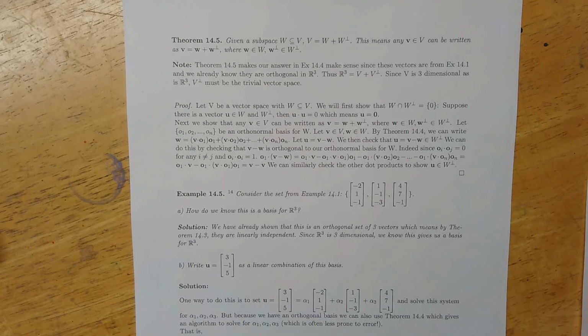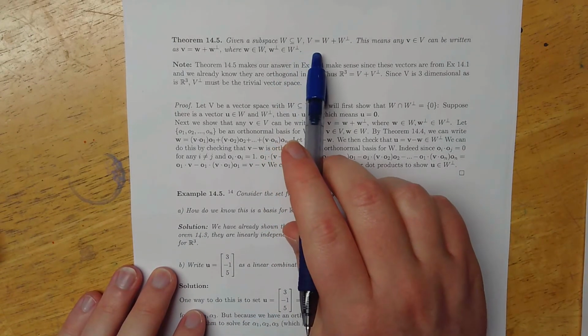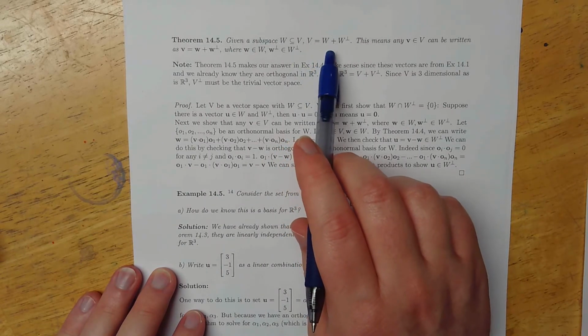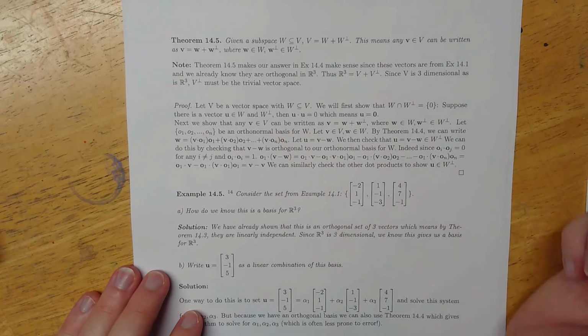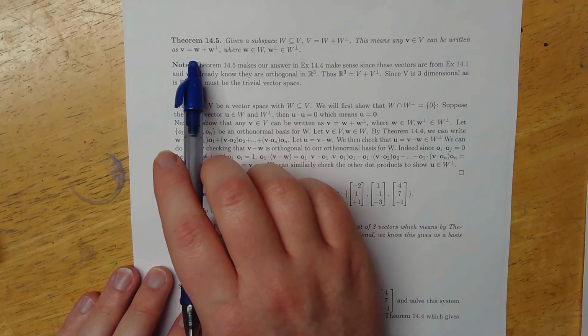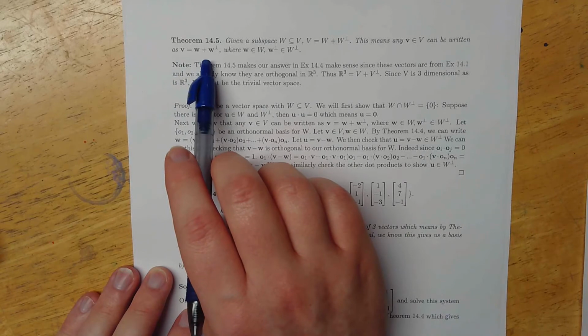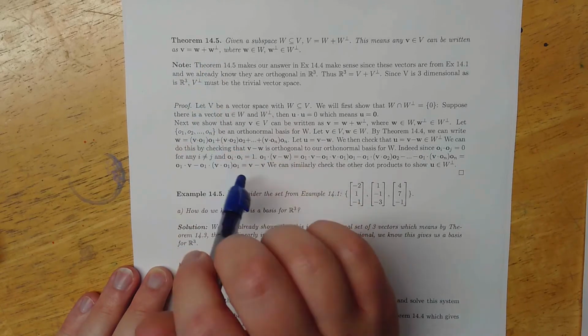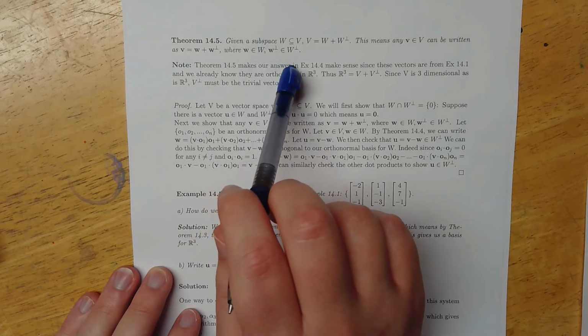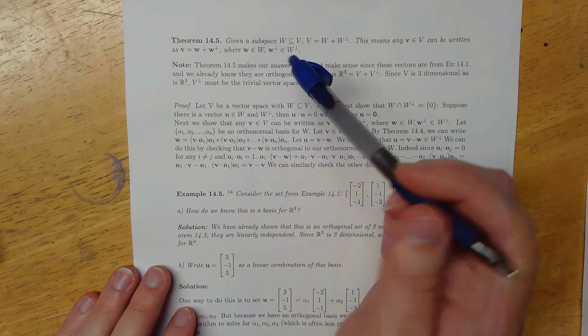All right. So given a subspace W of V, V is equal to W plus W perp. In other words, any vector v can be written as v equals w plus w perp, where w is in W and w perp is an element of W perp.